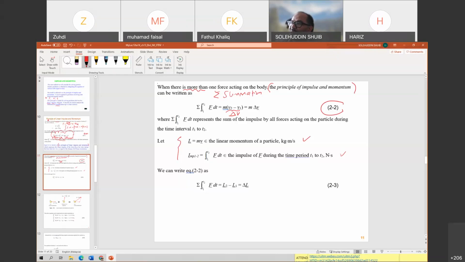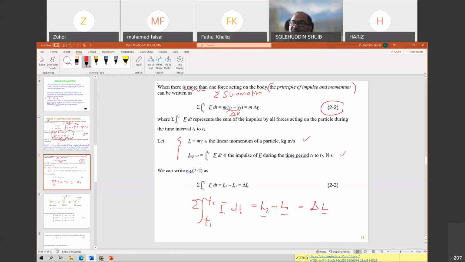We have summation, from T1 to T2, force dt. This time we want to write in terms of L equal to L2 minus L1, which is delta L. That's how we present. We can represent in terms of L as well. I name this one as equation 2.3.